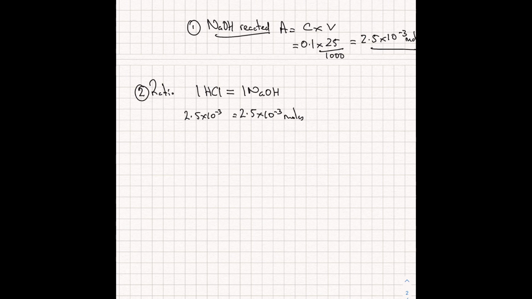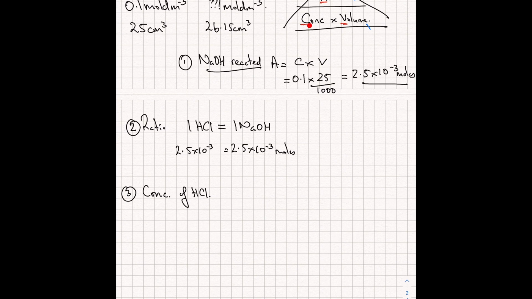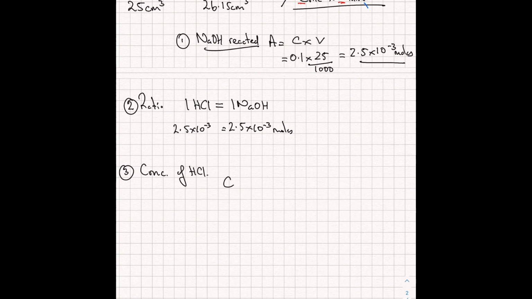The final stage, stage 3, is to find the concentration of HCl. According to my triangle, concentration is amount divided by volume.